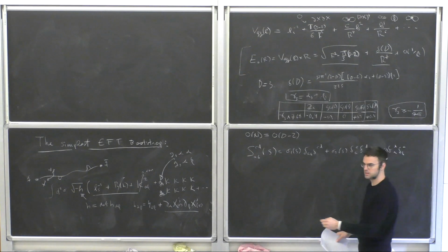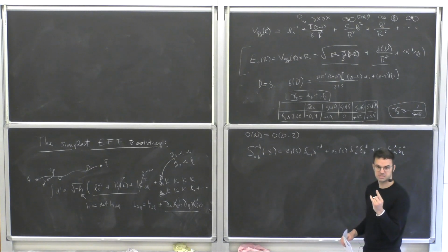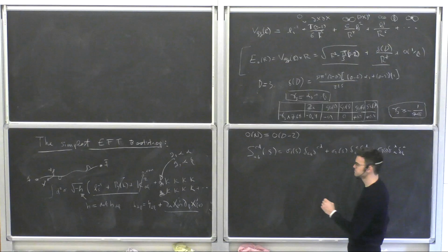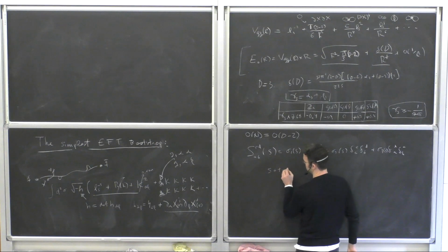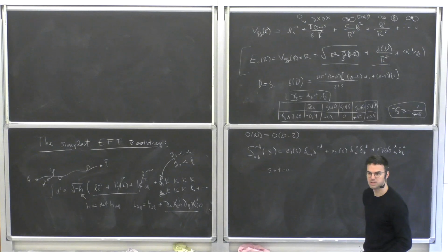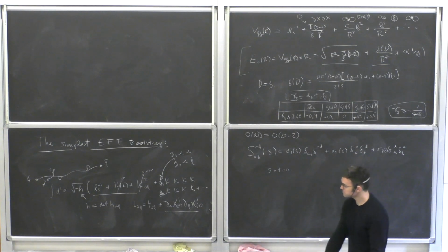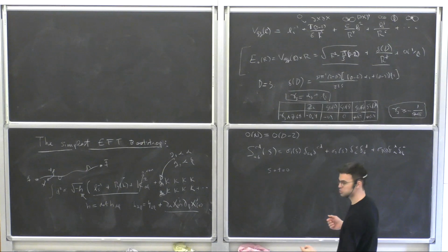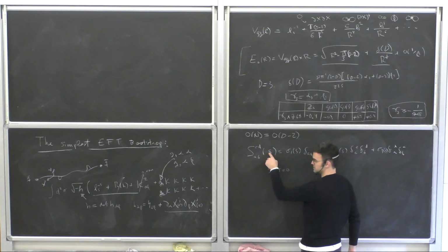There is no scattering angle, and we have two kinematical variables now, S and T. But we have momentum conservation, so S plus T is equal to 0. So the whole scattering of these Goldstone bosons, the 222 sector, can be described with a single element.